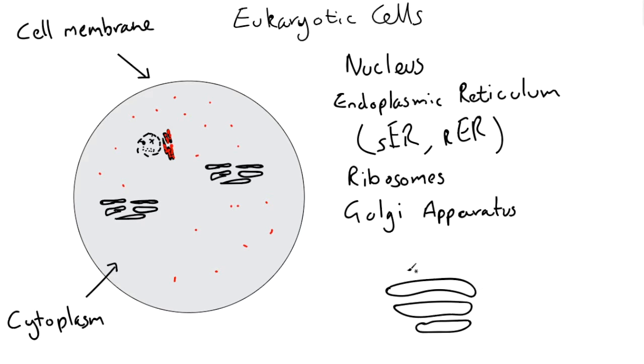So these packages then travel through things called vesicles, which are around things. So the Golgi, when you see an image, will have these round things around it. Okay, and these are like the post leaving the Golgi. So this would maybe have a protein in it or a lipid.